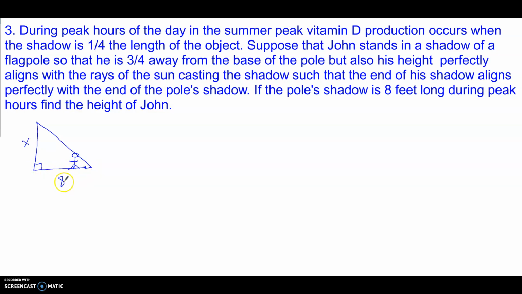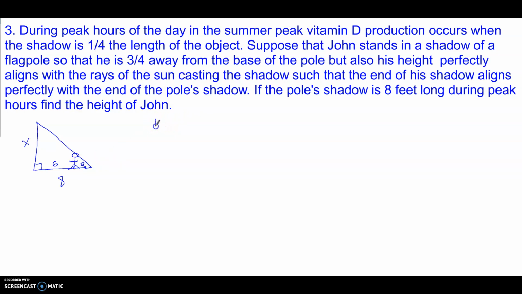So we want to know, what is 3/4 of 8? That's 3/4 times 8, that's going to be 6. So from the base of the pole to where John is standing, that's going to be 6 feet. So that means this right here is going to be 2 feet.